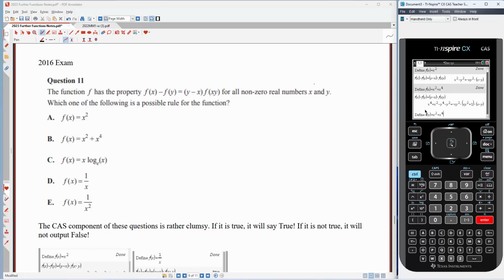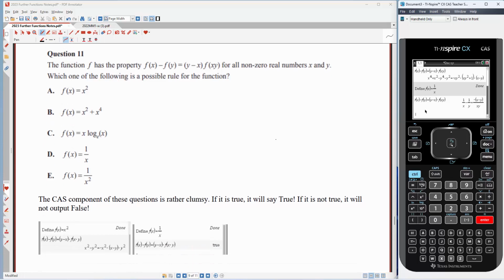And I know that this is the answer because I'm looking at my own notes down there: 1 on x, the hyperbola. So I define it as 1 on x and then do the identity, and that's brilliant. It didn't tell me that it's true, and why not? Was that the one that I've got as correct?